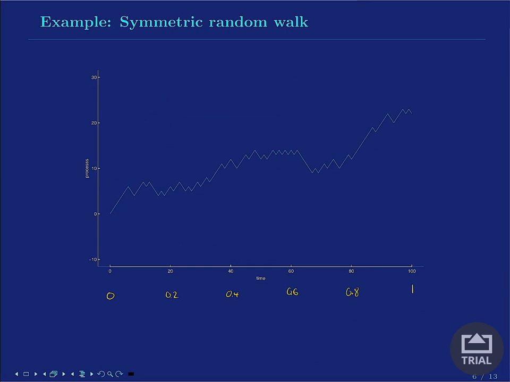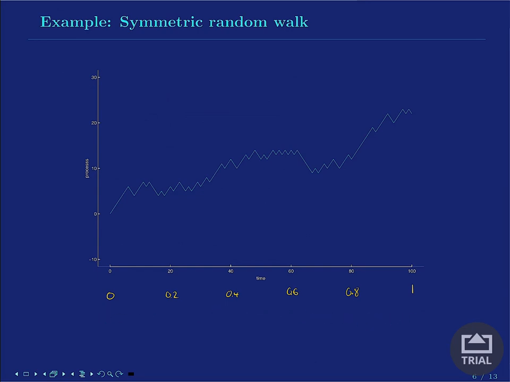And if we had 10,000 observations, we would still rescale it in the same way to the interval 0, 1. So the complete symmetric random walk, as we observe it over as many time points as we currently have, will be rescaled on the interval 0, 1.